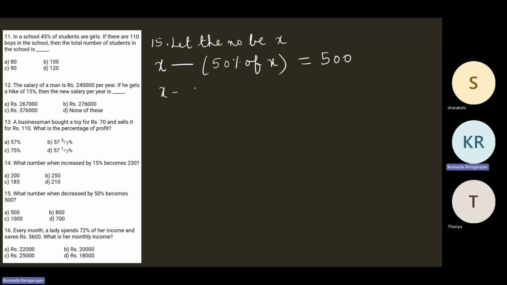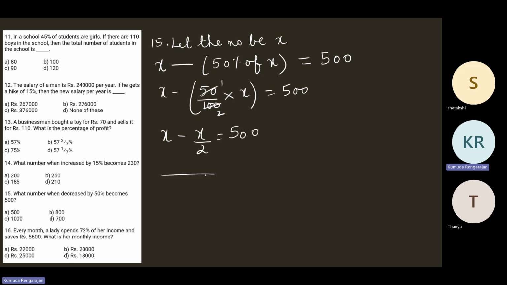So x minus 50%, which means 50 by 100, of is multiplication, x is equal to 500. You can simplify. So you get x by 2. 1 into x is x, x by 2. Common denominator. So the number is 1000.